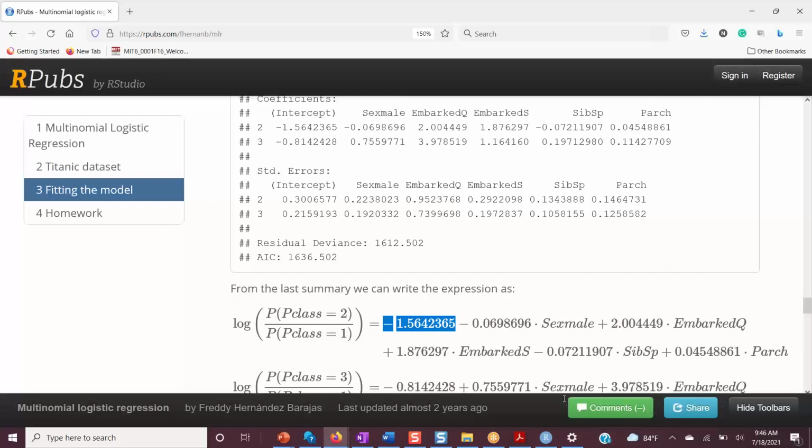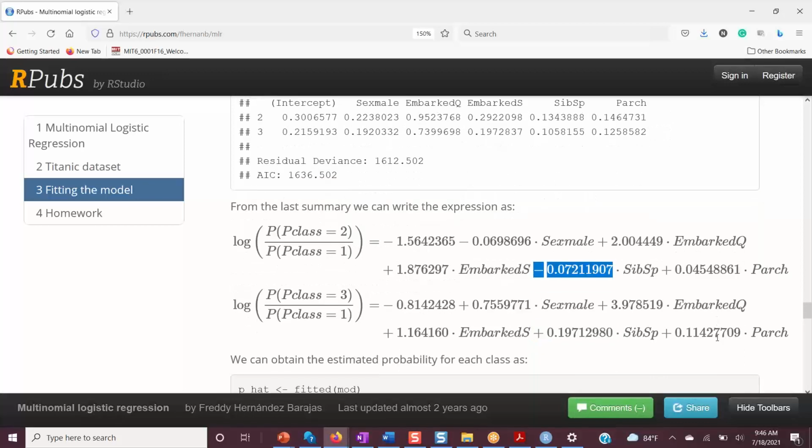And then the sibling, right? If you have a sibling, this is the weight you have to give for that. If you don't have a sibling, this is 0 value. Are you with me? Parent-child relationship likewise. In the case of parent-child, you get 1 if they are accompanied by parents.